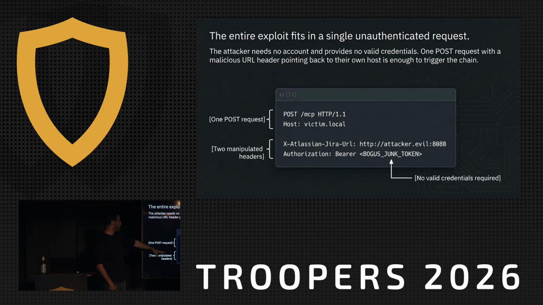All I have to do is create a simple POST request to that MCP, define my attacker-controlled URL, and some kind of authorization token. It doesn't matter. I don't think it even has to be valid because, as we saw earlier, the code hard-coded the personal access token into the authentication flow, so it's not really being used.